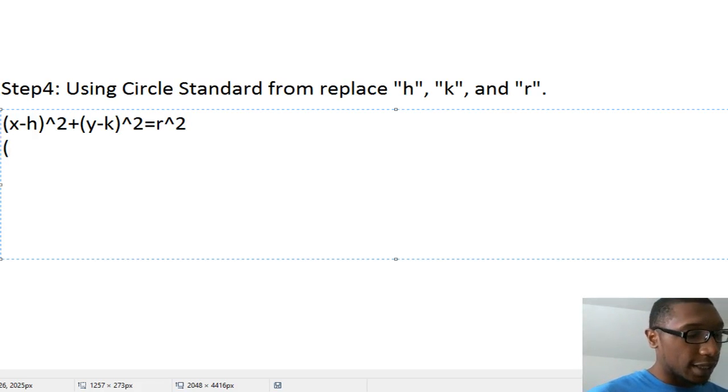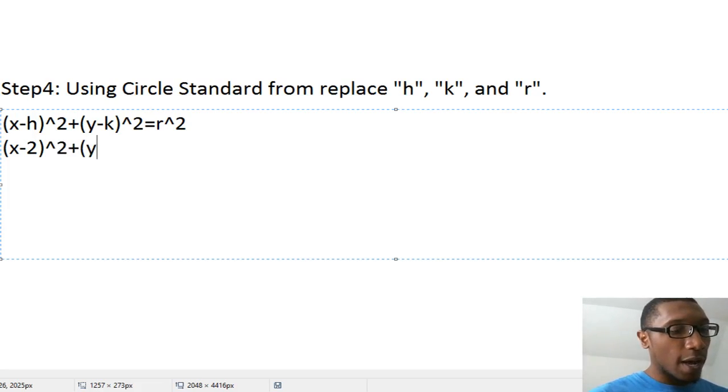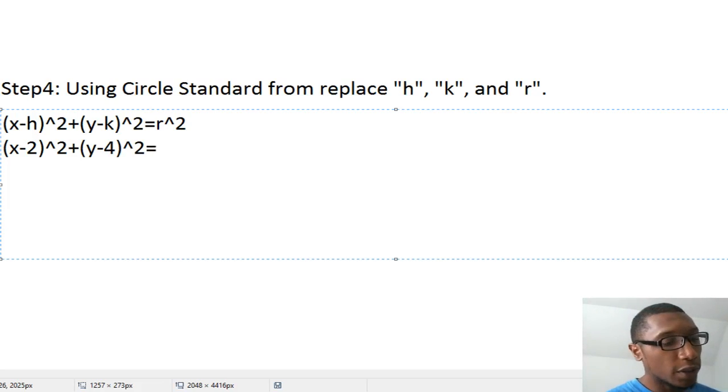So x can stay the same. x minus our h was 2 squared plus y minus our k, which was 4 squared equals, and we found out that our r was square root of 13. And that's our equation. x minus 2 squared plus y minus 4 squared equals radical 13.